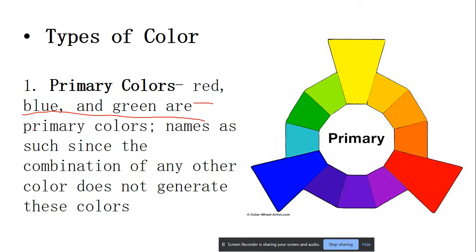They are named as such since the combination of any other colors does not generate these colors. So that's why they are referred to as the primary colors.